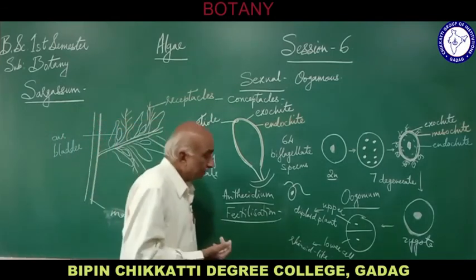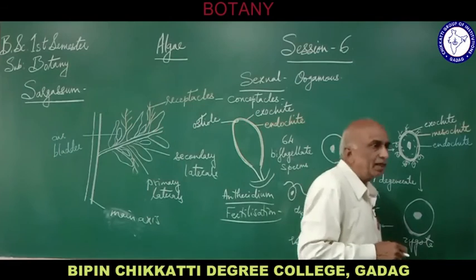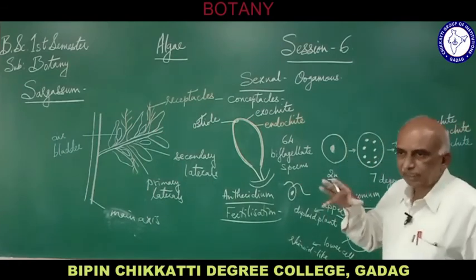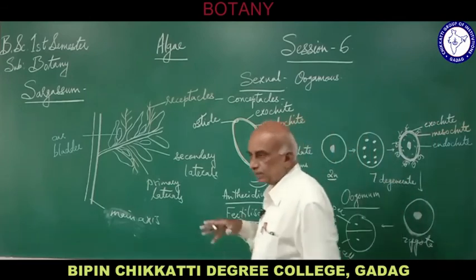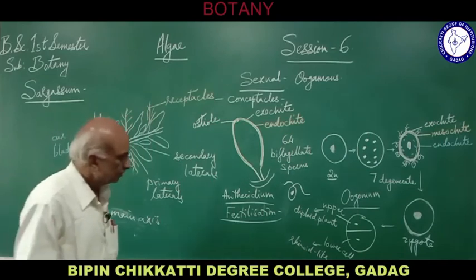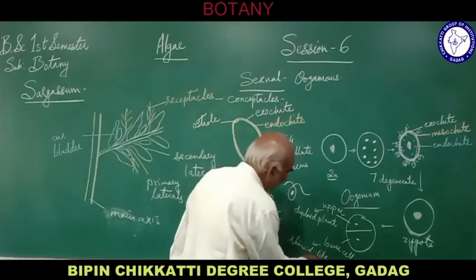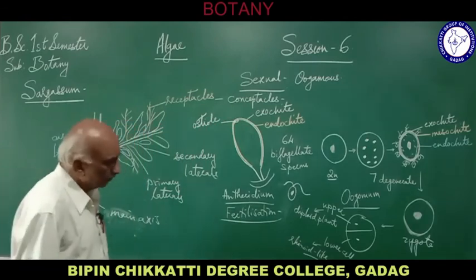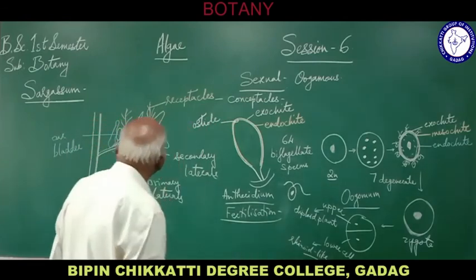But the lower cell produces some root-like structures, some rhizoid-like structures, which act like a holdfast to the substratum and help to fix the plant to that substratum. So that is how the Sargassum reproduces, and it produces the diploid plant.